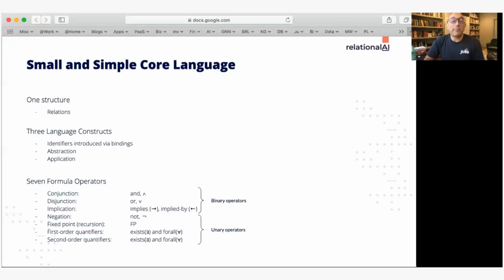And the seventh type of operator is less well known, but it's a second order quantifier, and lets us make statements like there exists a relation that satisfies the following properties, and is a really nice way to integrate solvers and optimizers into the language, because that's what you would use a solver for, for example, to find a relation that satisfies a set of properties.